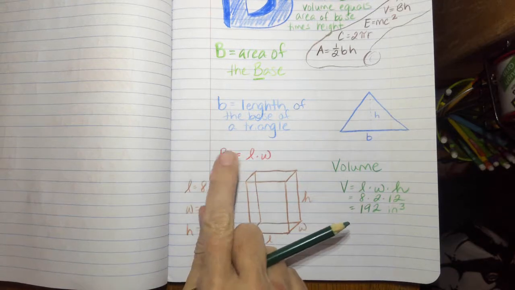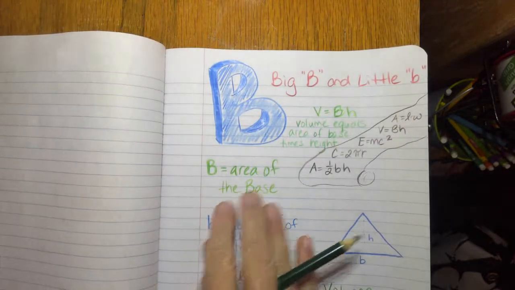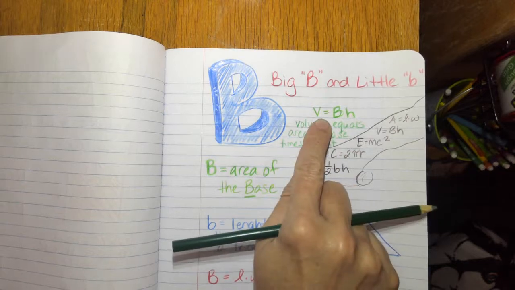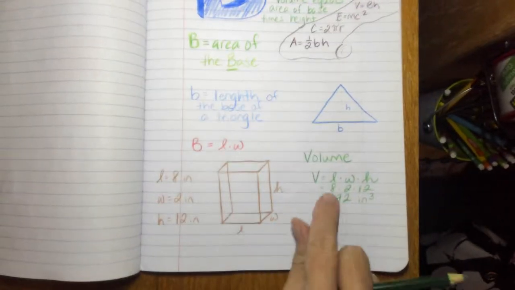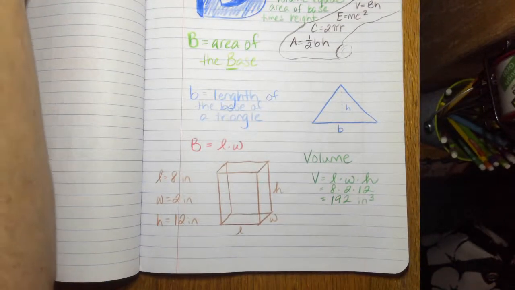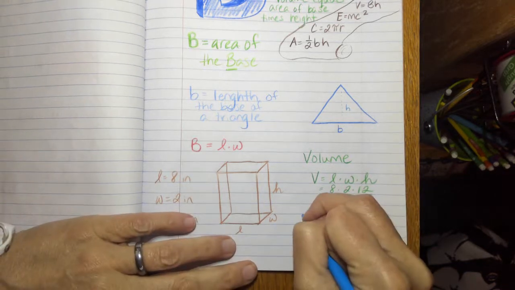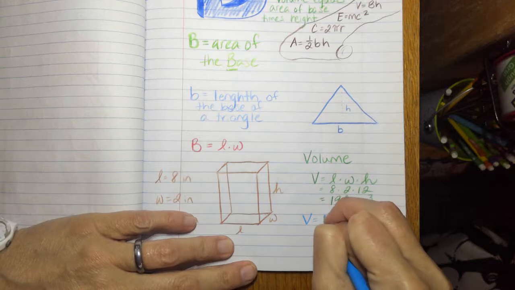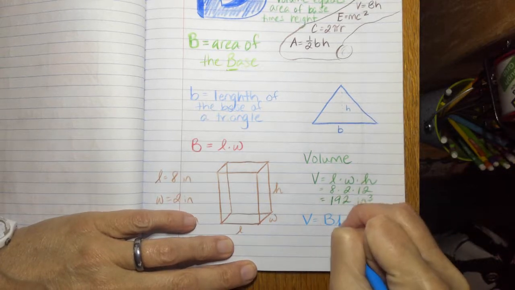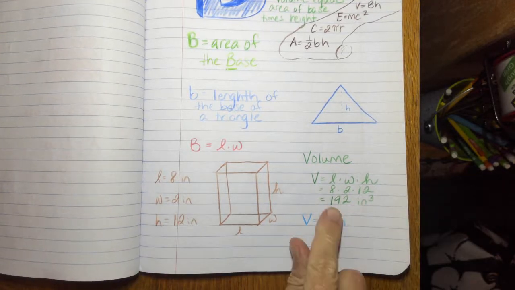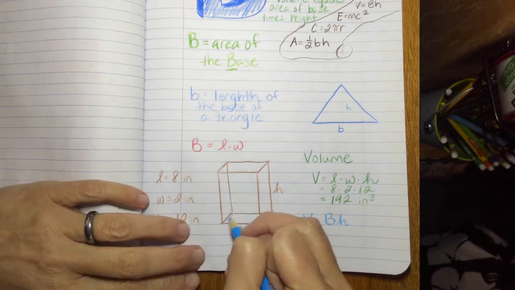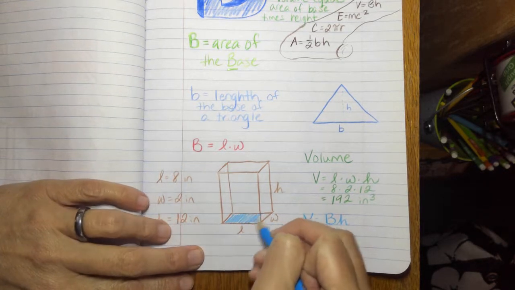But on your formula chart that you'll be given when you take tests, it's not going to say volume equals length times width times height, because that would be too easy. It's going to say volume equals big B H. And you're just going to have to know that big B is the area of this base.